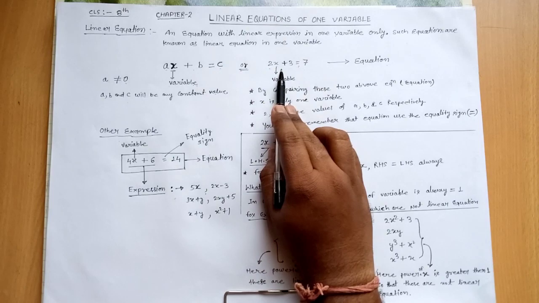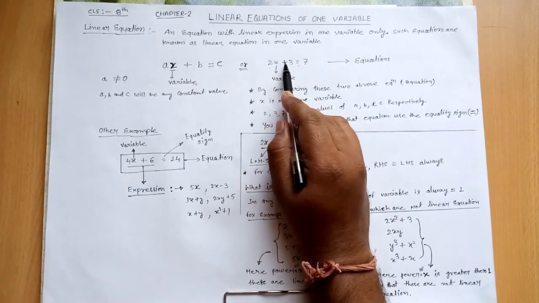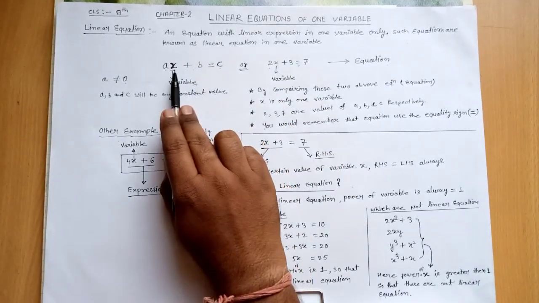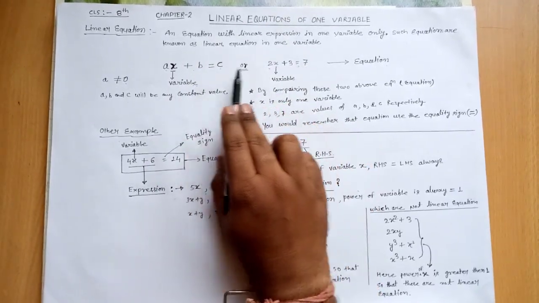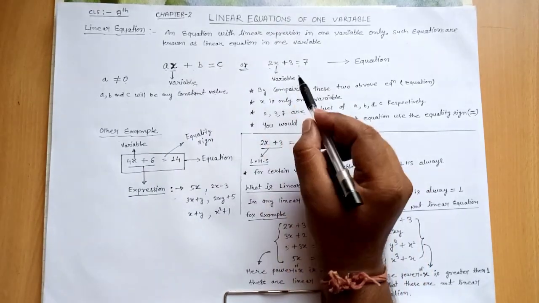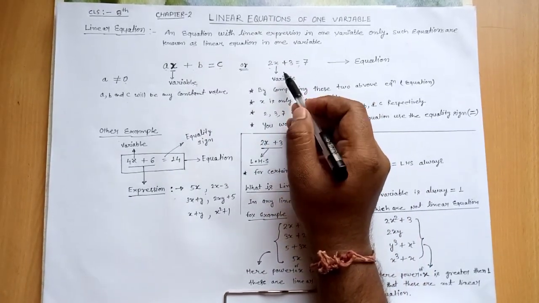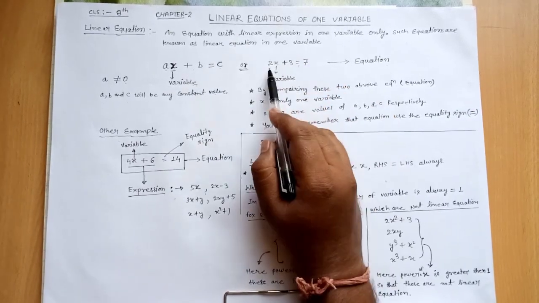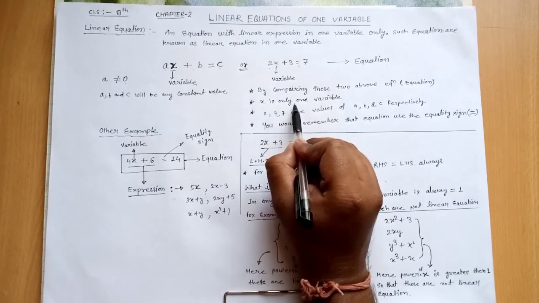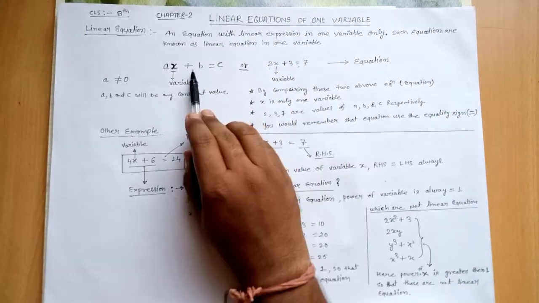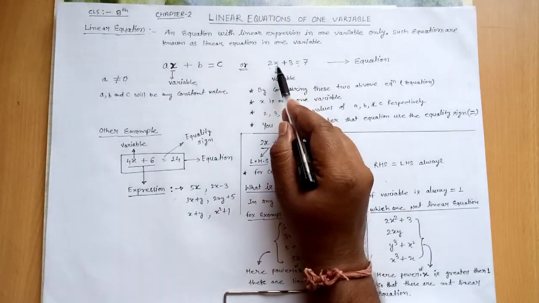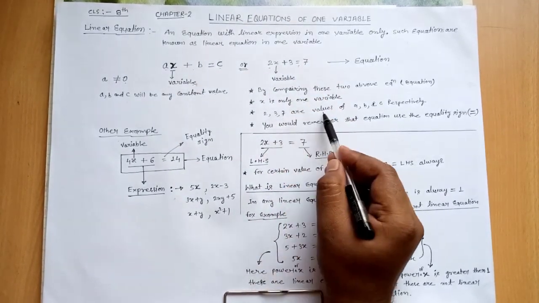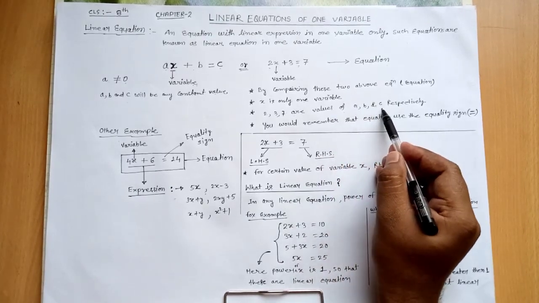And as another example, I have taken 2x plus 3 equals 7. By comparing these two equations, you can see here also there is only one variable, that is x. So 2, 3 and 7 are the values of a, b, c respectively.